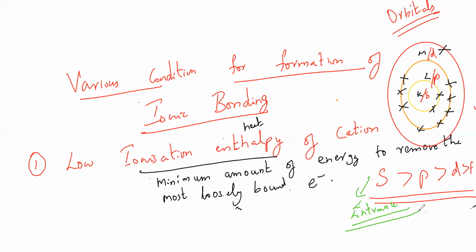Anyone having any doubt in this? If you have a doubt, you should ask me now. So this is nothing but the condition for formation of ionic bonding, low ionization enthalpy of cation. Correct?